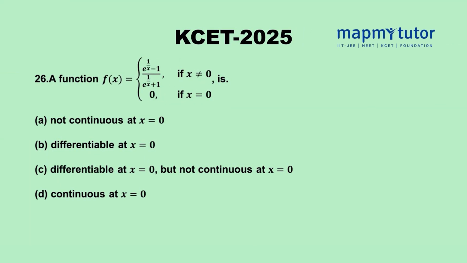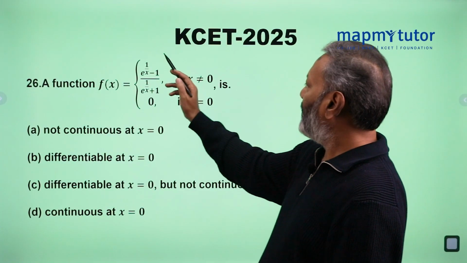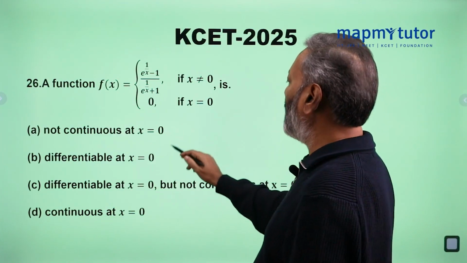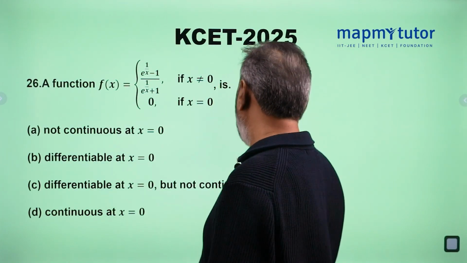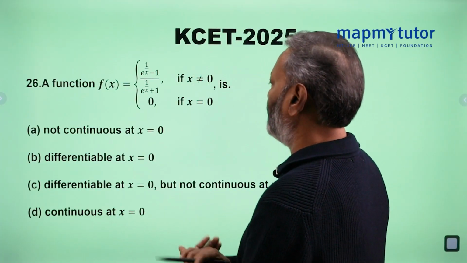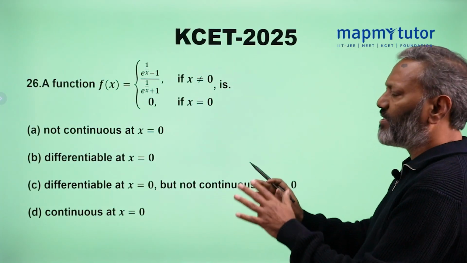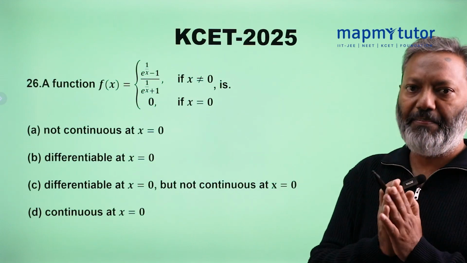Again, the question is on continuity and differentiability. From the options you can check. Some function is given, and it is not continuous, or differentiable, or continuous. Something like that. So first, I have to always focus on continuity.